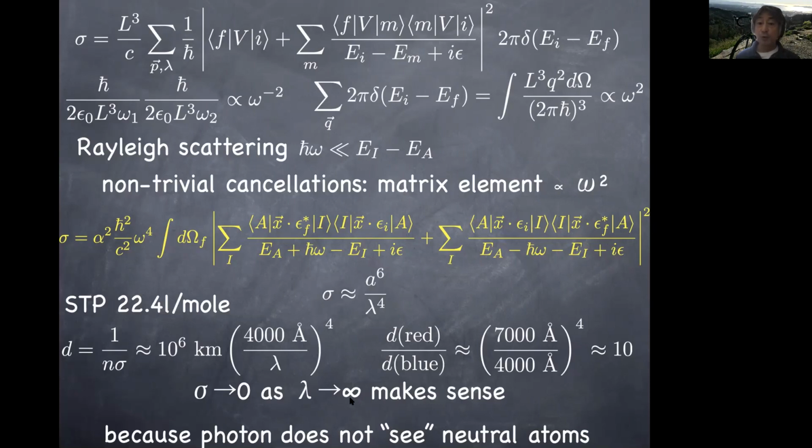But as you go to shorter wavelength, the scattering would increase in probability with a steep power of 4. So there isn't even an order of magnitude difference of how often the light gets scattered between red and blue. Let me stop here. I'm sure there are questions about this.